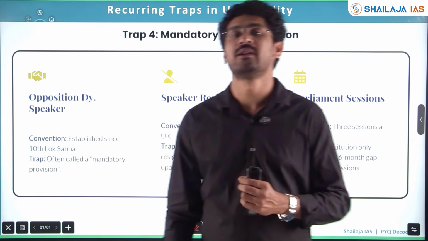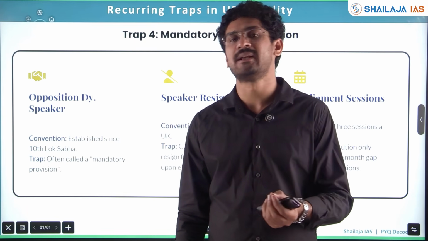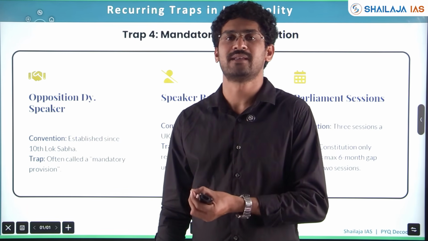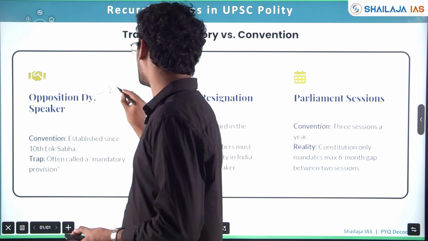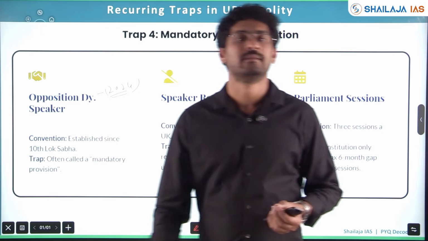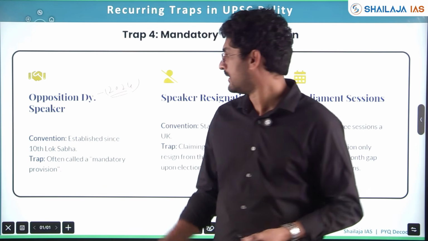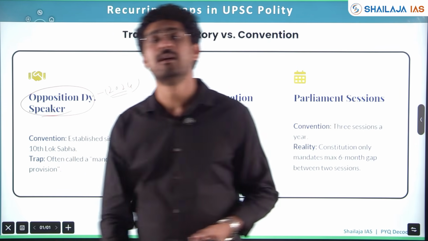Normally, the deputy speaker is given to the opposition party and the speaker is from the party which has the majority. This question was asked in 2024, I think, where the party in power did not give the deputy speaker to the opposition.